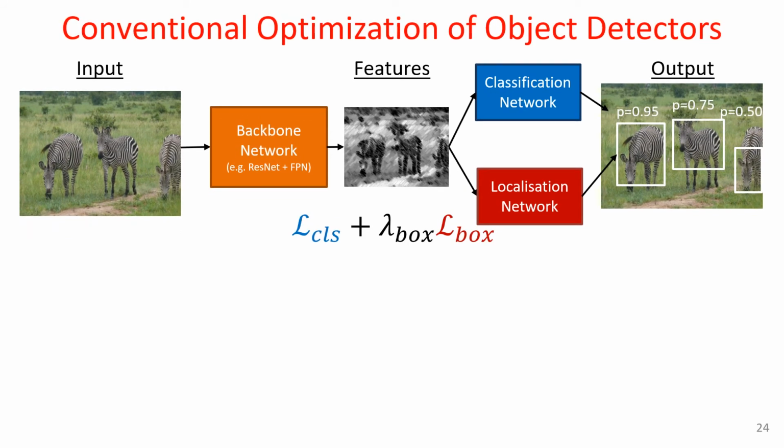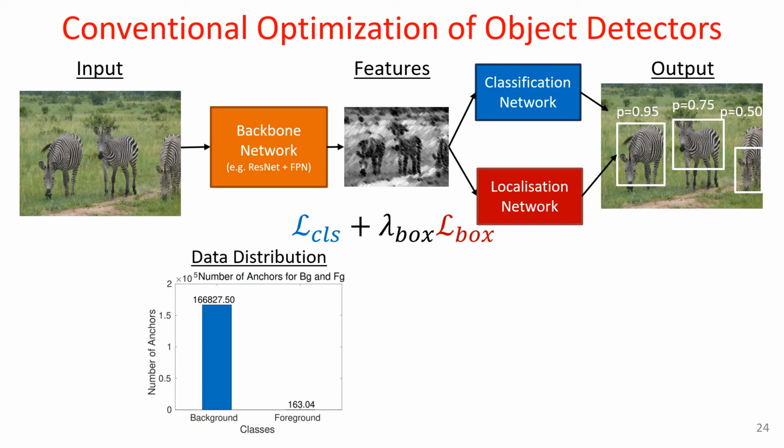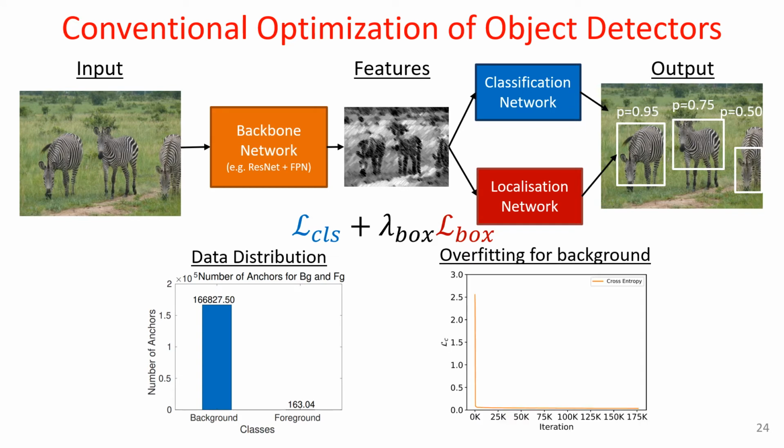This pipeline is trained by a multitask loss function, in which there exists an individual loss function to train each subnetwork, which are then combined by a scalar lambda. However, this formulation has drawbacks. First, mainly due to the imbalance problems, the methods tend to introduce many hyperparameters. For example, when we simply use cross entropy loss, due to the significant imbalance between positive and negative anchors, the classification loss drops directly to zero in the beginning of training.